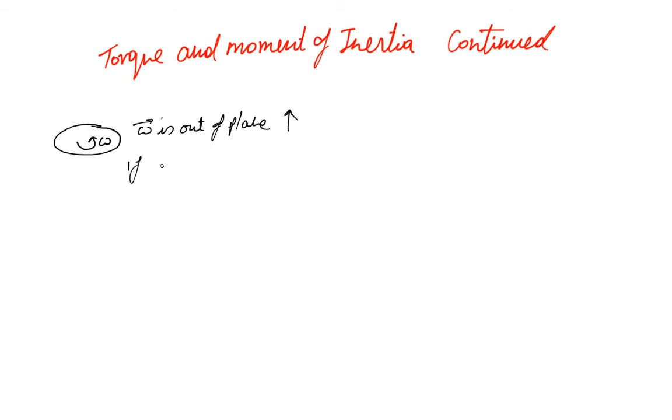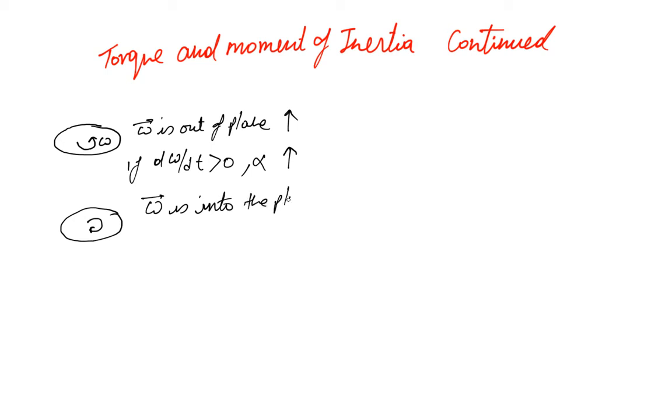And if d omega over dt is greater than 0, which means it's increasing, then alpha is also out of the plane. And similarly for the other direction, omega is actually going into the plane, and if d omega over dt is greater than 0, alpha is also in the plane.